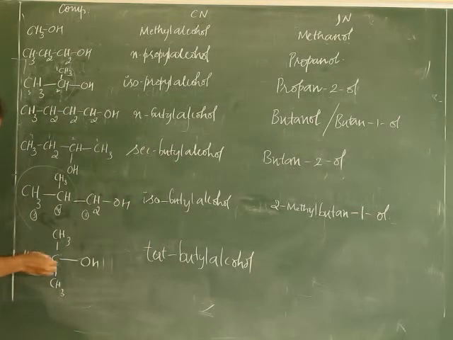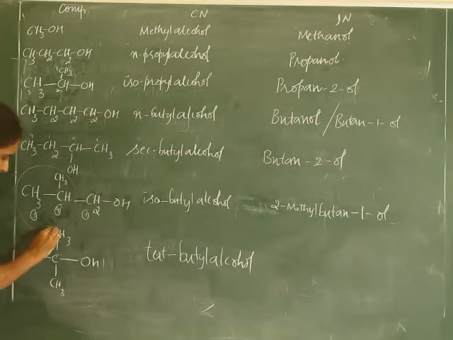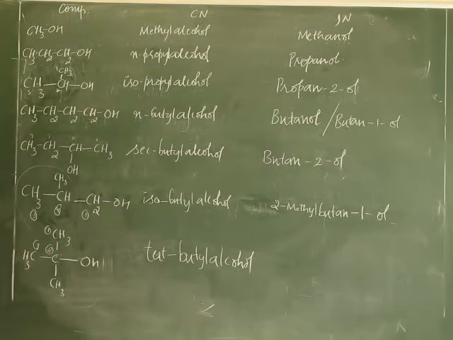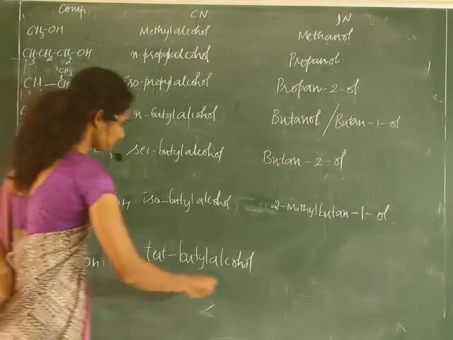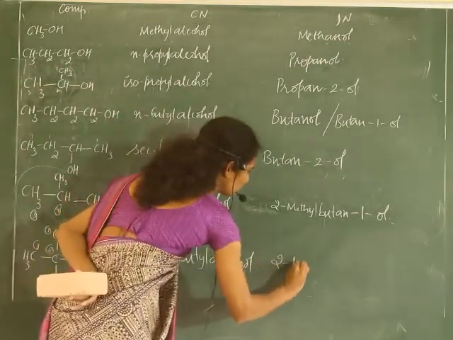In the IUPAC system, 1, 2. If we consider these 2 carbon atoms, or 1, 2, 3. The longest chain is a 3 carbon atom chain. Hence, I will consider this as the longest chain. 1, 2, 3. The IUPAC name of this compound: at the second position a methyl group is there. Hence, it is 2-methyl.